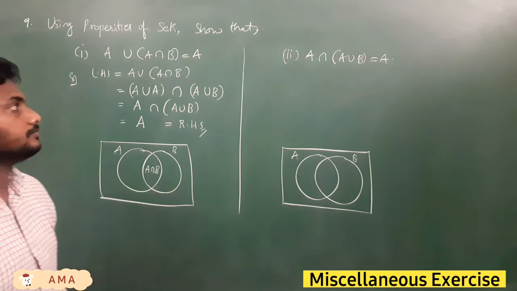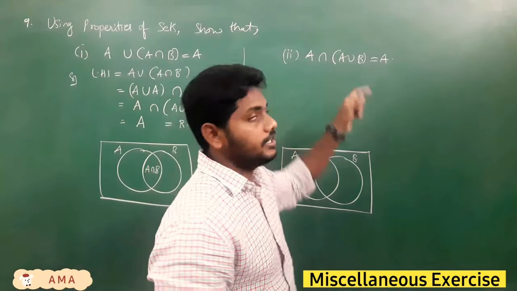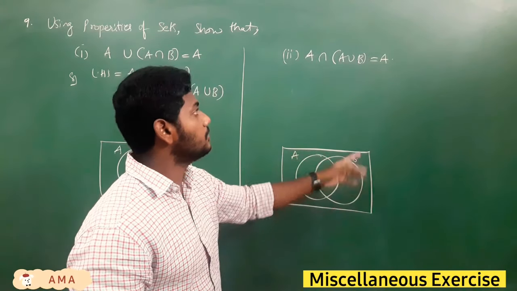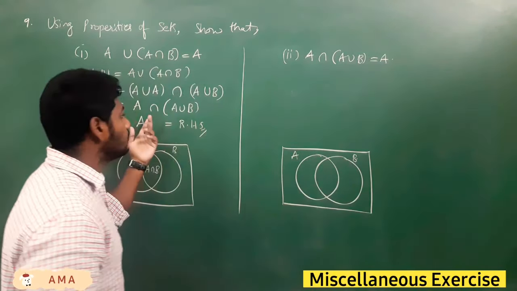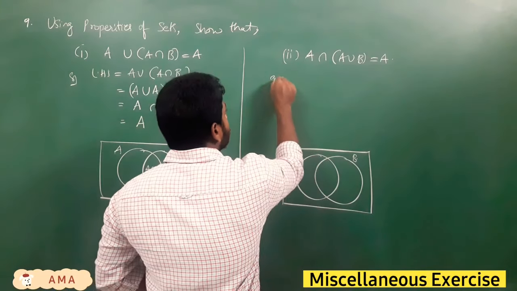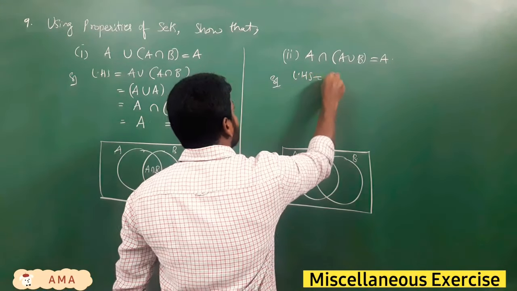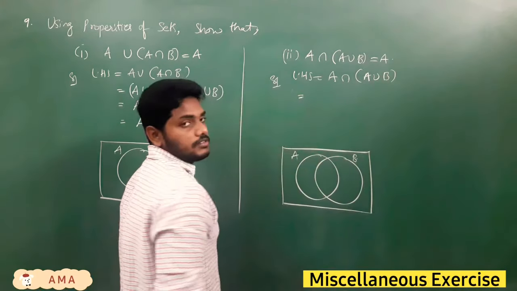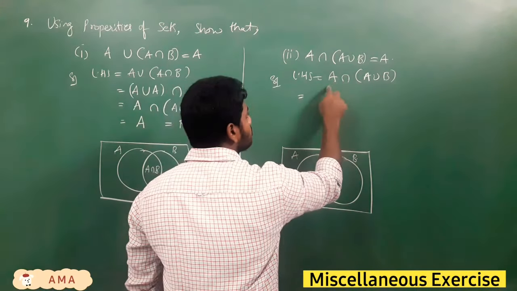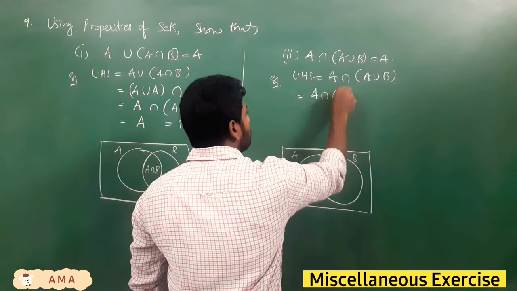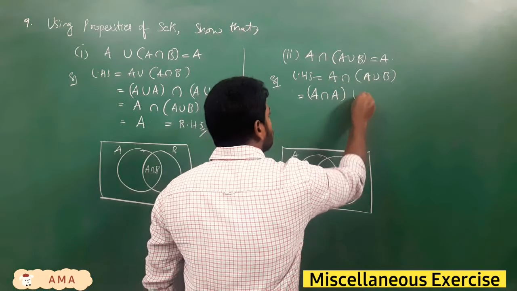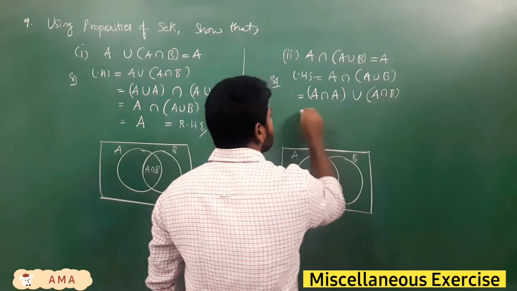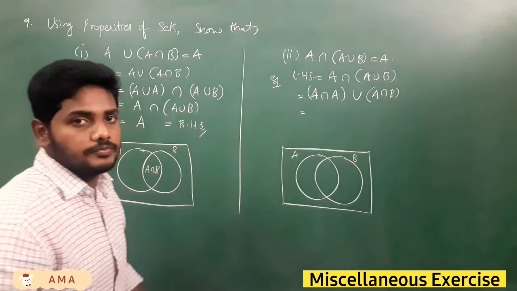Next, A intersection of A union B. Nothing but A only we will get according to the diagram. But from properties, the LHS equals A intersection of A union B. Applying the distributive rule, A intersection A union A intersection B. What is A intersection A?